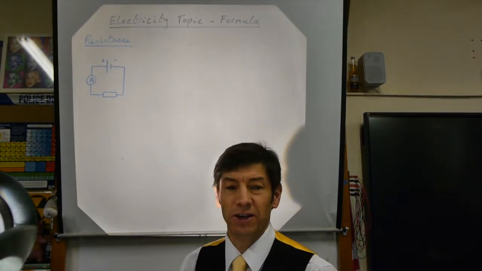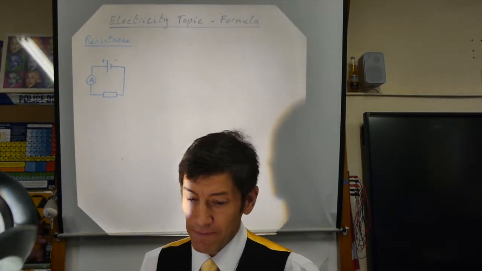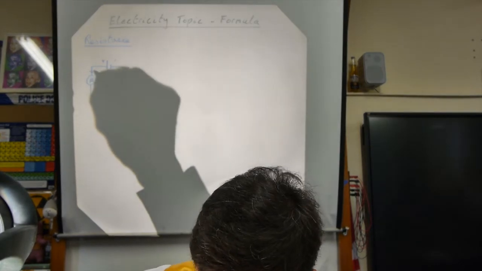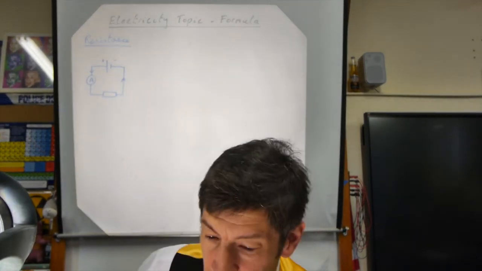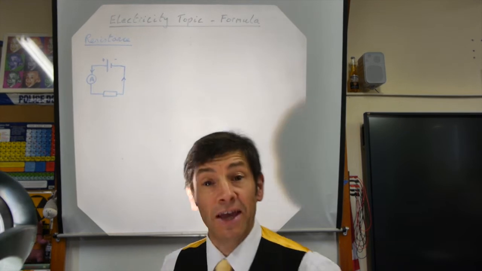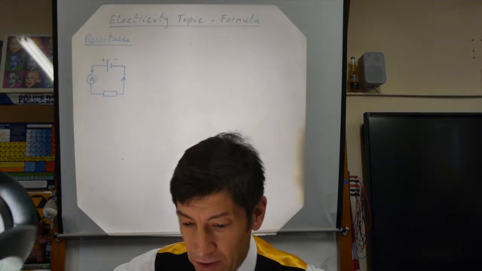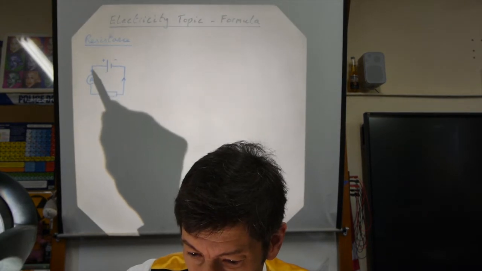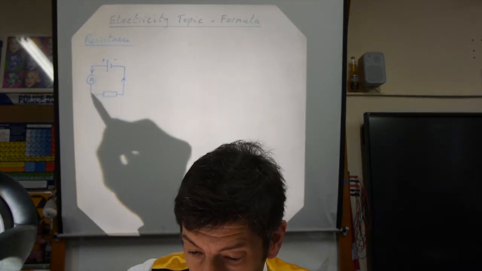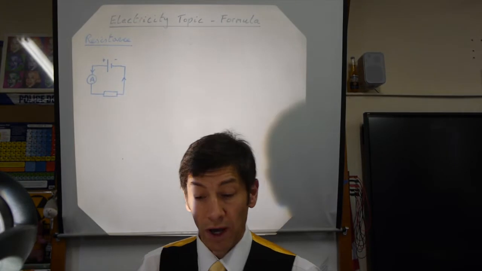I'll call it a battery, I know it's a cell. So we've got a flow of electricity this way, and that's caused by a potential difference, a pressure from the power supply. Now, if you think about it, an ammeter, if you remember, is just a wire. It's a measuring wire, but it's a wire nonetheless.